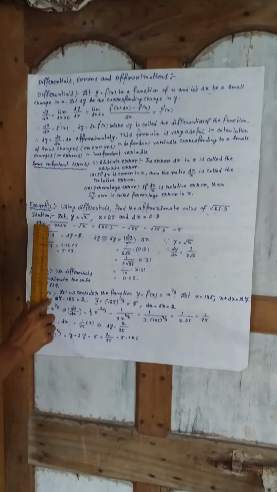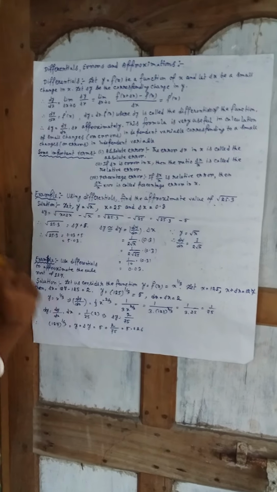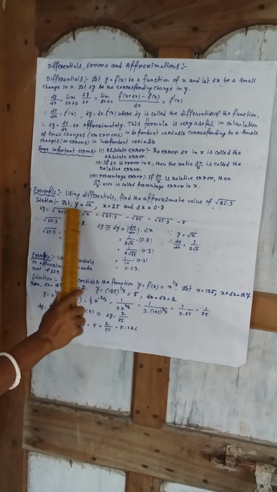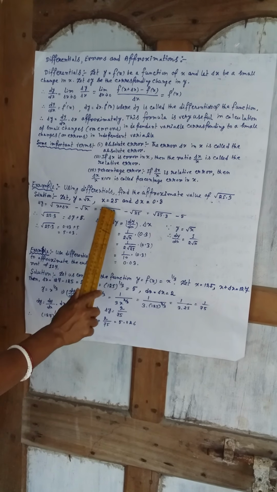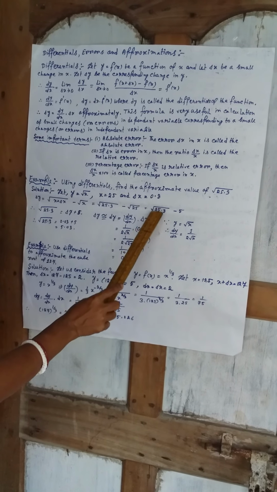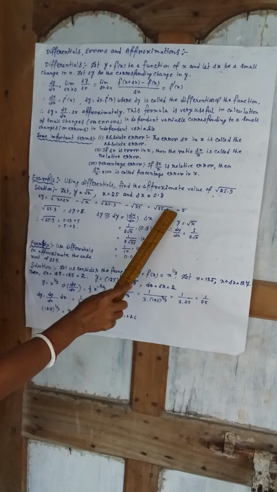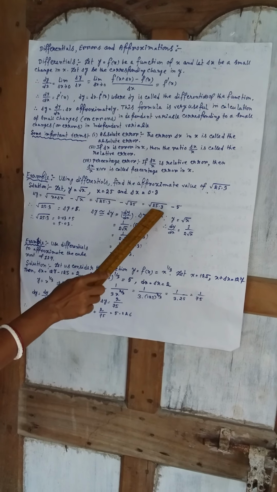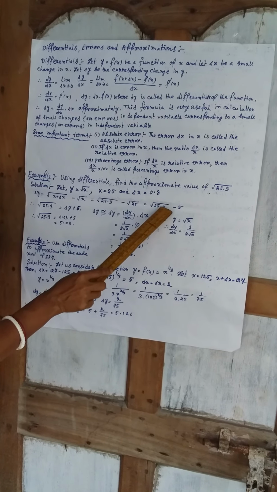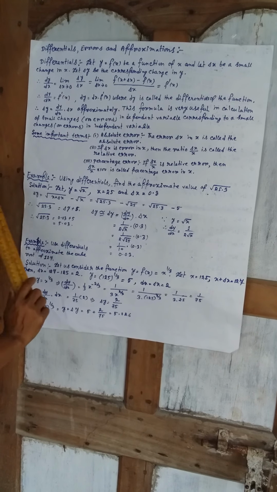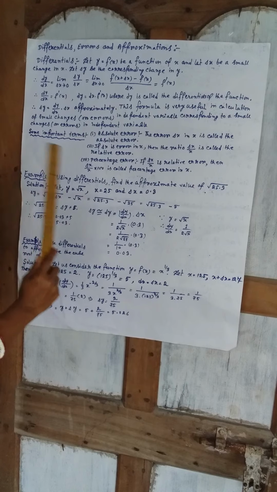Now del y equal to root of (x plus del x) minus root x, from the definition, is equal to root of (25 plus 0.3) minus root of 25, that is root of 25.3 minus 5. Therefore root of 25.3 is equal to del y plus 5, exchanging the place.